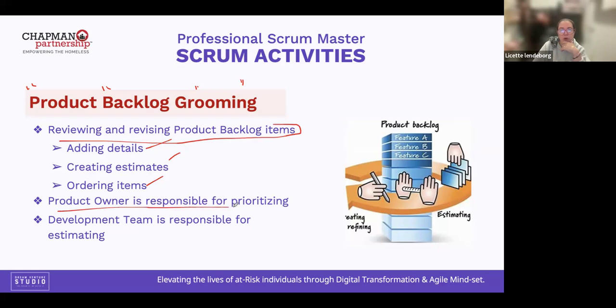The product owner is responsible for prioritizing. However, the development team is responsible for estimating. What is the unit to measure the items in the product backlog? Story points.